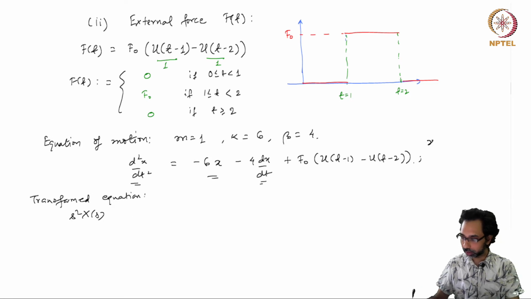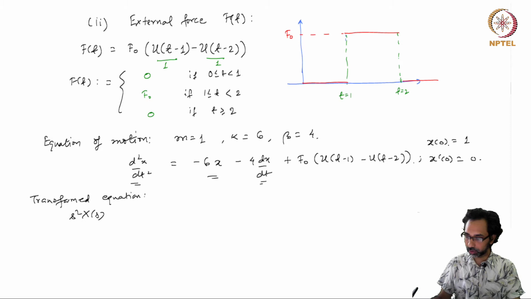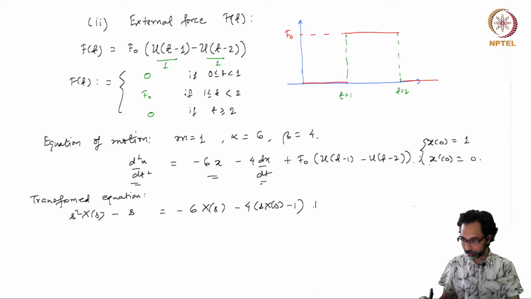So x0 was 1 and x prime 0 was 0. So on the left hand side you get s square Xs minus s, and on the right side you get minus 6 times Xs minus 4 times (sXs minus 1) plus f0, and now you take the Laplace transform for the Heaviside step functions.